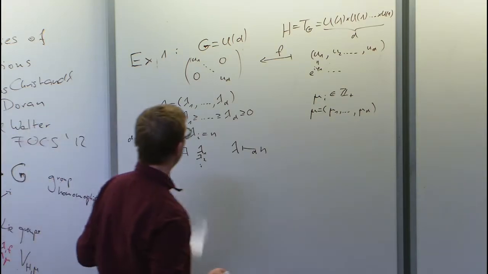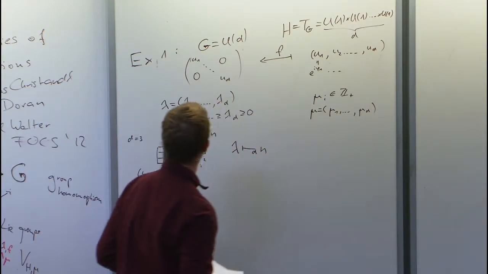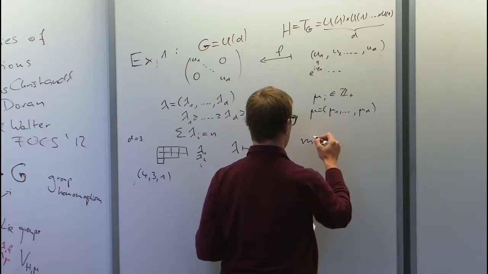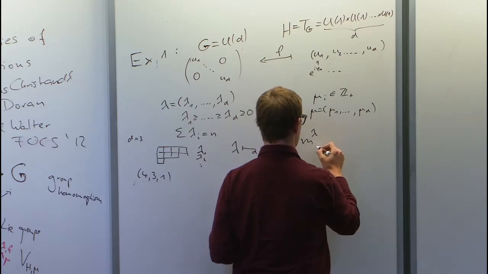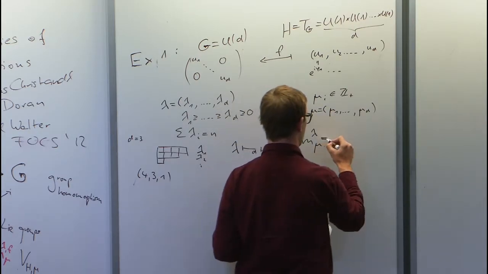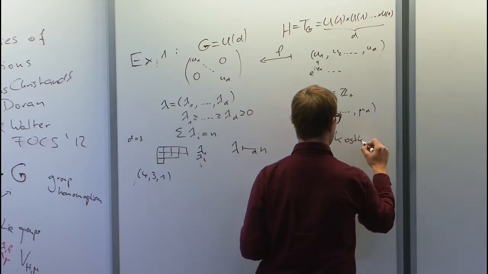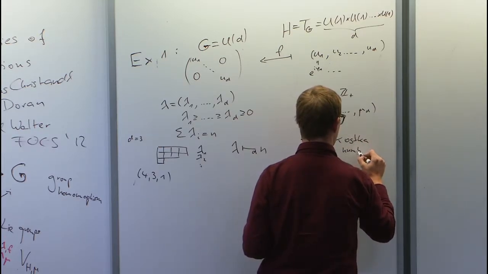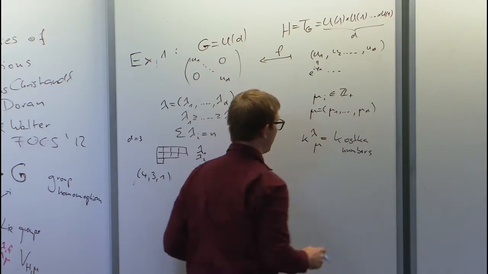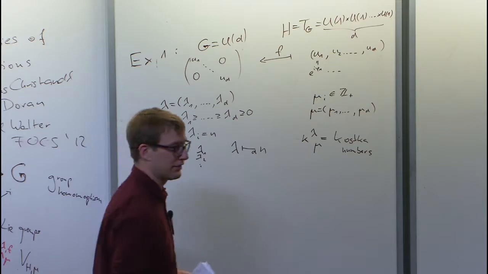Okay, so in this case, the branching problem is well known, and the result are the so-called Kostka numbers. In this case, these are the Kostka numbers. And because we're going to use them later, I'm going to call them K. It's not the Kronecker coefficient, it's a Kostka number.